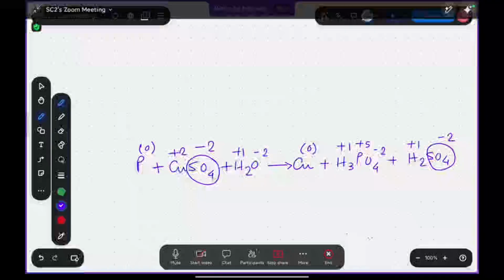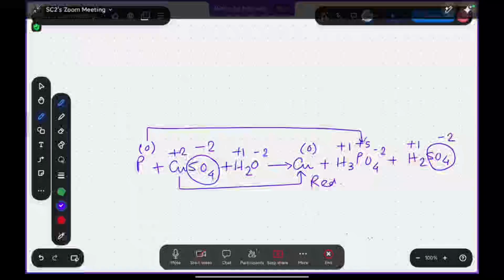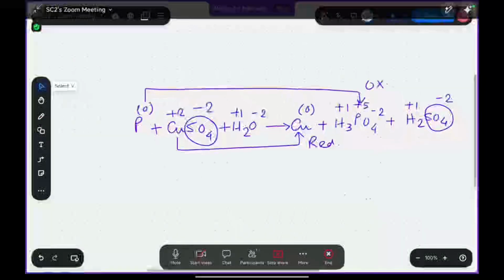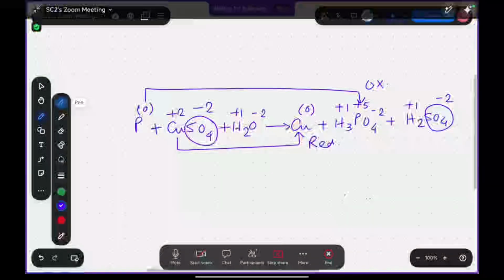That means which things are undergoing change? Copper +2 is changing to copper and this process is reduction. And what can you see? Phosphorus is changing from 0 to +5. Increase in oxidation state, which we say as oxidation. So after this, just write the half reactions first.